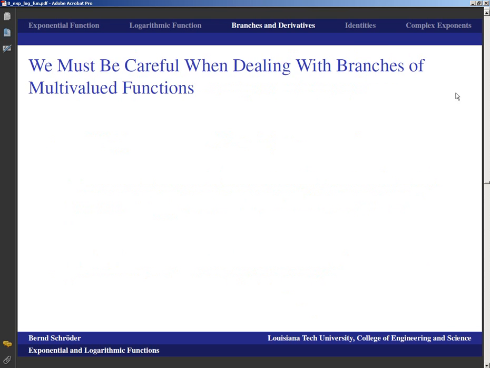Okay, now we've got to be really careful when we deal with branches of multivalued functions, because certain identities will just not work out like they used to. Take the principal value of the logarithm of i cubed. Well, that's the principal value of the logarithm of negative i. And, well, negative i is e to the negative pi halves i, so that is negative pi halves i here as a logarithm, but at the same time, of course, negative pi halves i is not equal to 3 pi halves i.